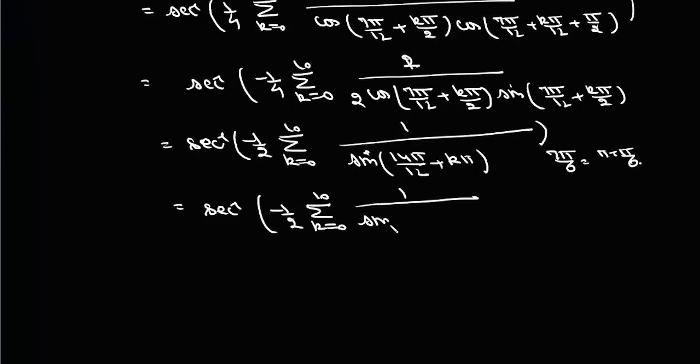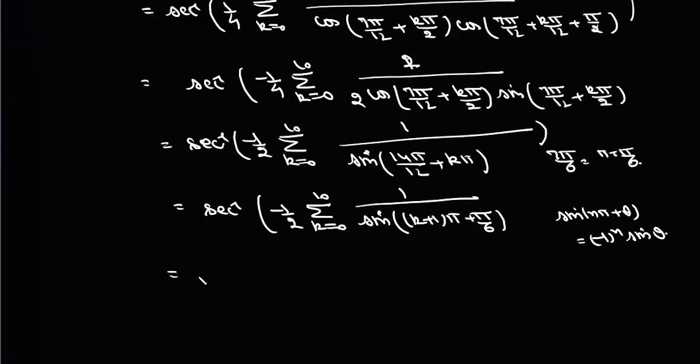So it will be this sine k plus 1 pi plus pi by 6. Now we know that sine n pi plus theta is minus 1 to the power n sine theta. If n is odd, we'll have minus sign, and if n is even, we'll have this plus sign.